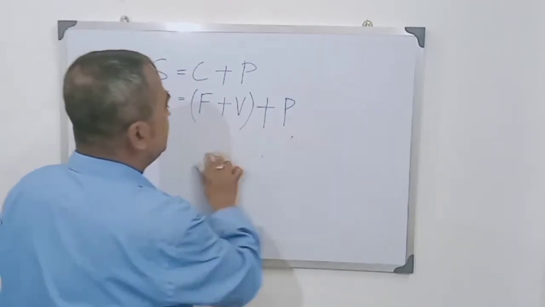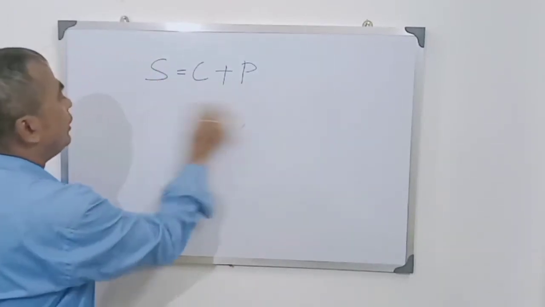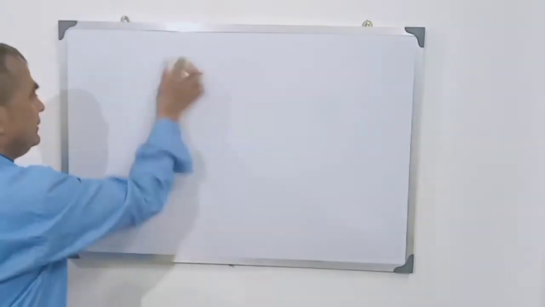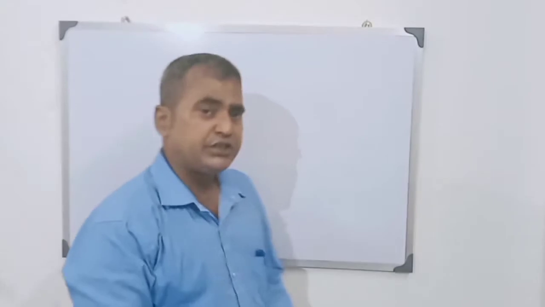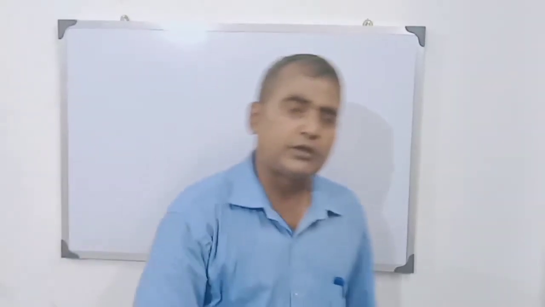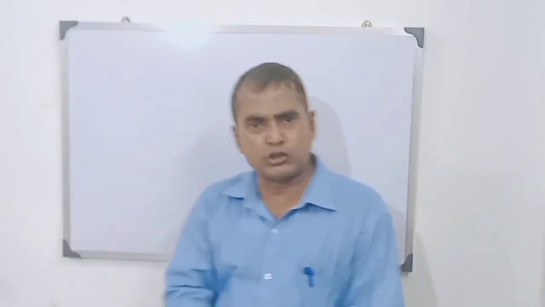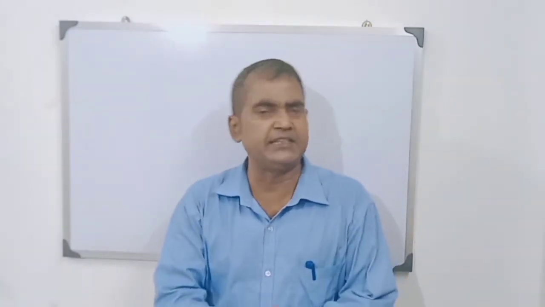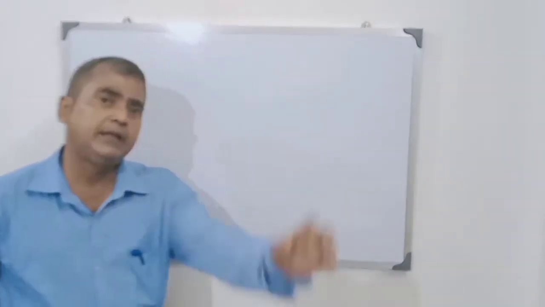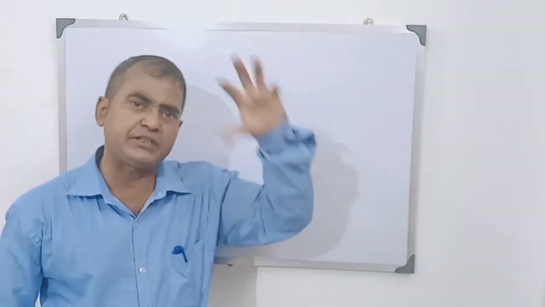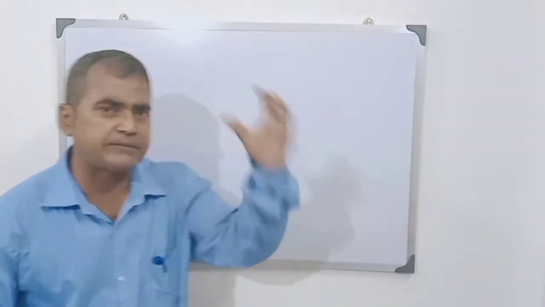Before going into detail of cost accounting, you must know the cost sheet. I have not explained the cost sheet till now. I will be explaining it in coming days, maybe tomorrow or the day after, where I will be classifying all the cost of production as well as administration as well as up to the point of sale.